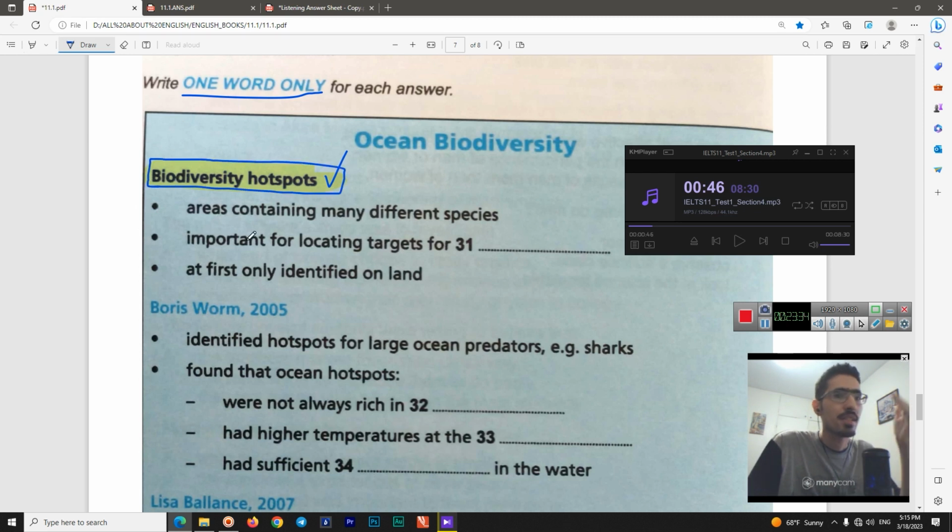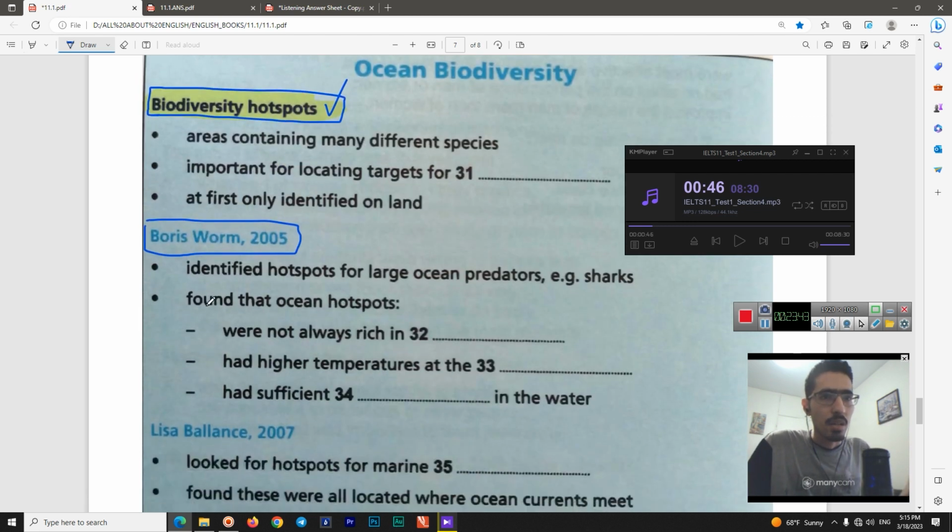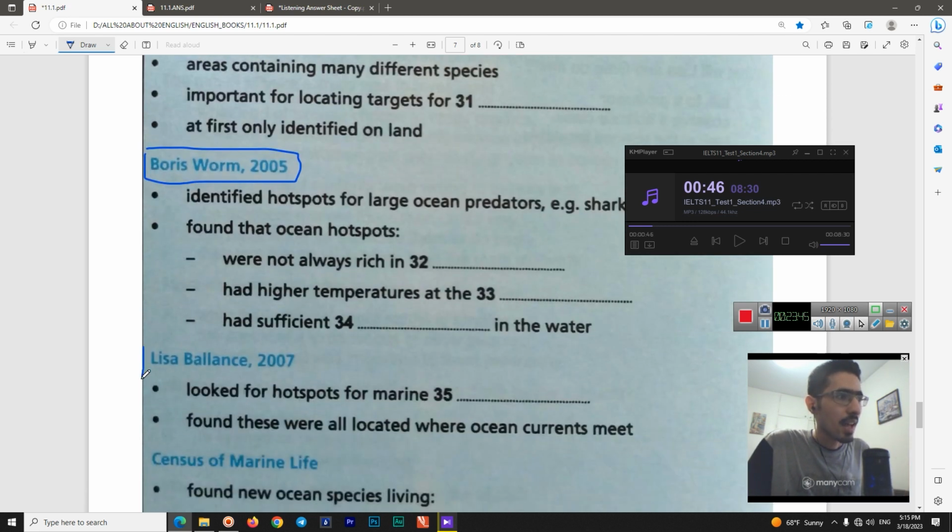Biodiversity hotspots, that's one subject. Then we talk about Boris Worm 2005, the name of the scientist. Then we're gonna talk about Lisa Balance 2007. Read these headlines, the main parts, sections and subsections. So read the sections first and then read the subsections if you don't have time.